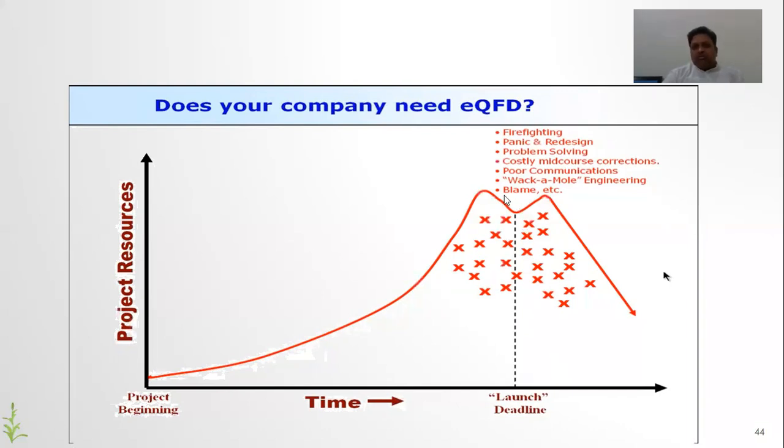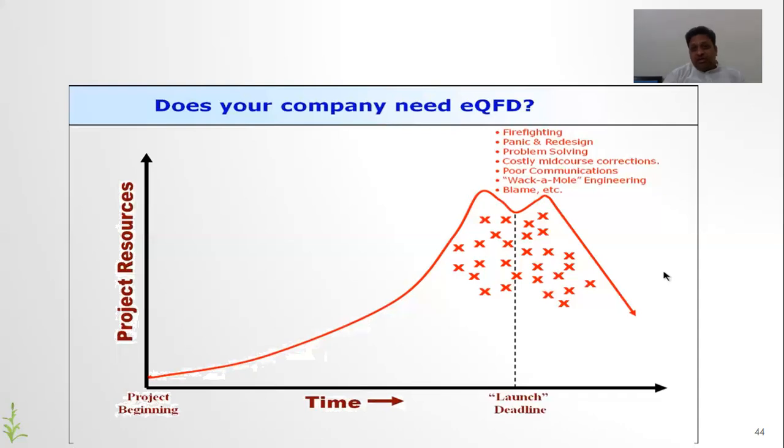So what are those things? Firefighting, panic and redesign, problem solving, because if anything goes wrong during the final assembly, only then will we let you know. There is no preparation, pre-planning, or plan B. So that way problem solving is also required.